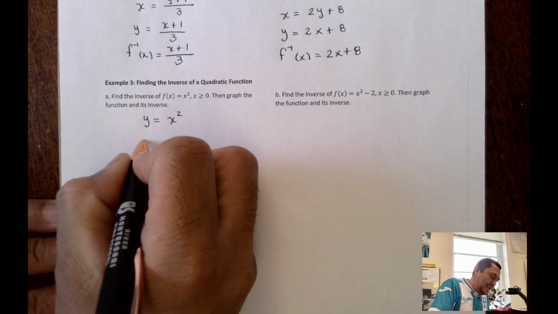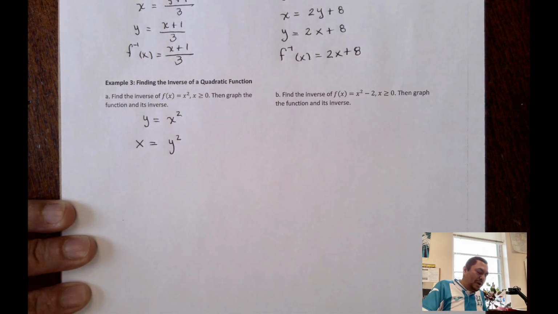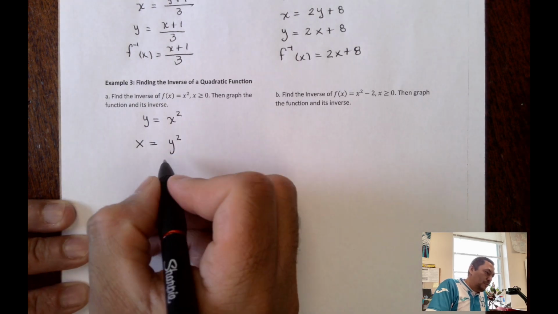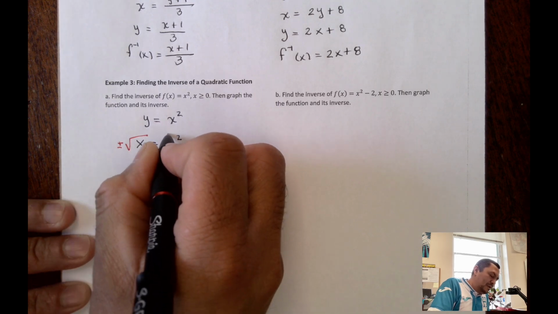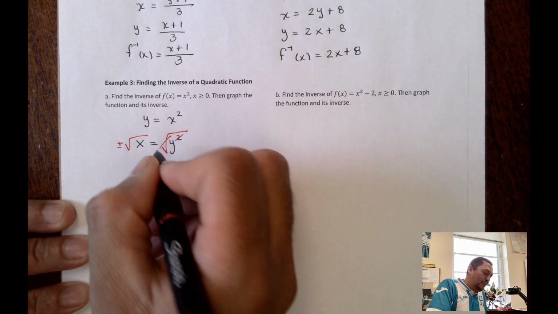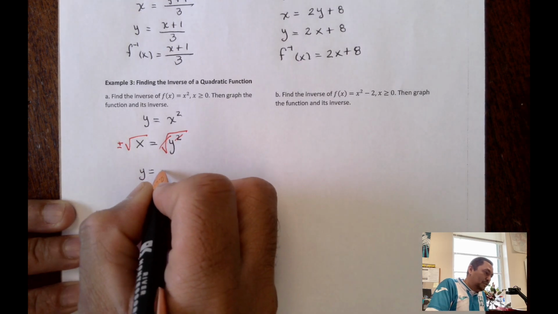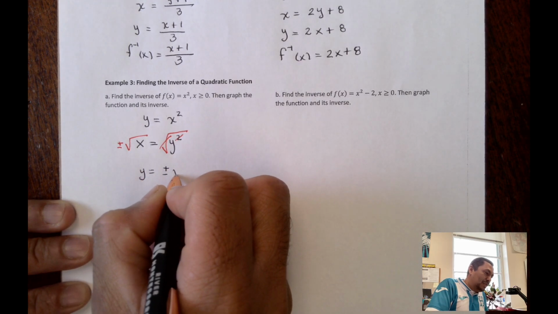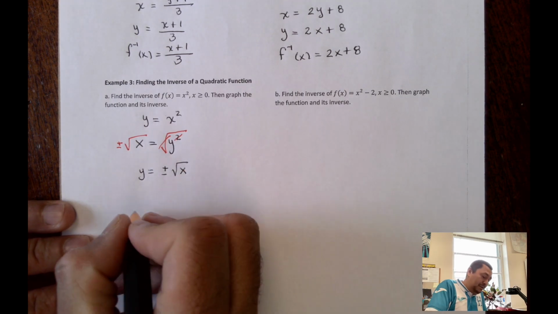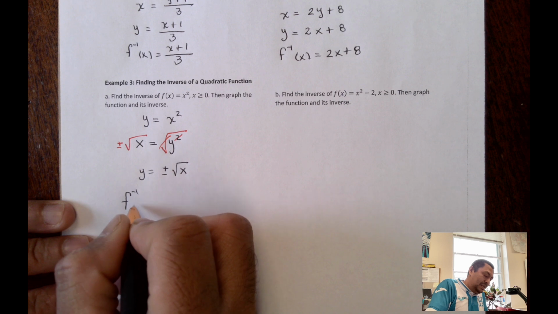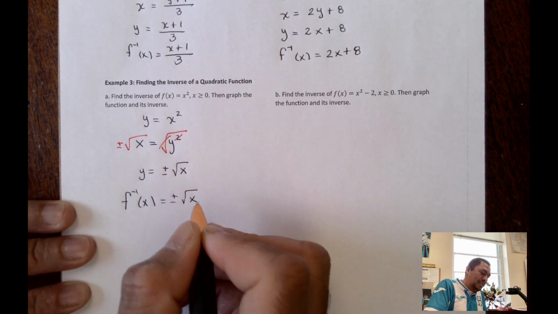So I have x equals y squared. How do I get rid of that square? Square root. So plus or minus square root, these two go away. So I have y equals plus or minus the square root of x. Finally, f inverse of x is equal to plus or minus the square root of x.